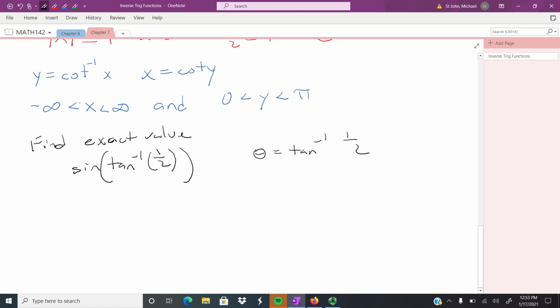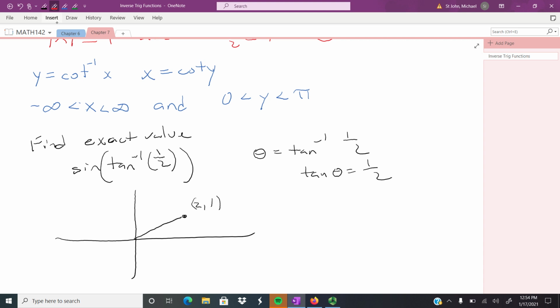And so tan theta is equal to 1/2. Right? So if I were to draw that out, that would mean we'd have to be in the first quadrant. So here's my point. And so this is going to be the point 2, 1. Right? And if I make my triangle, so drop this straight down, we know this is 2. We know this is 1.